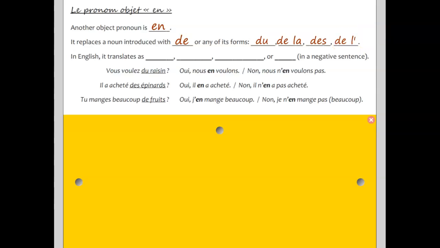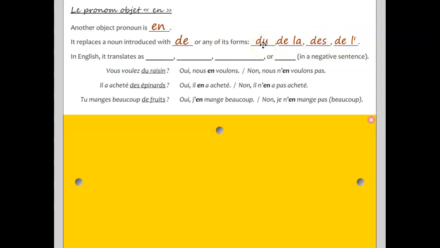So we see these as articles with some of our food items like du raisin, du maïs, des myrtilles, des carottes, okay? And we're going to talk more about these in the next part of this unit as well. Essentially, all of these phrases mean some if we see them before a food item. So, en is used to replace a noun that's introduced by de or any form of de as well.